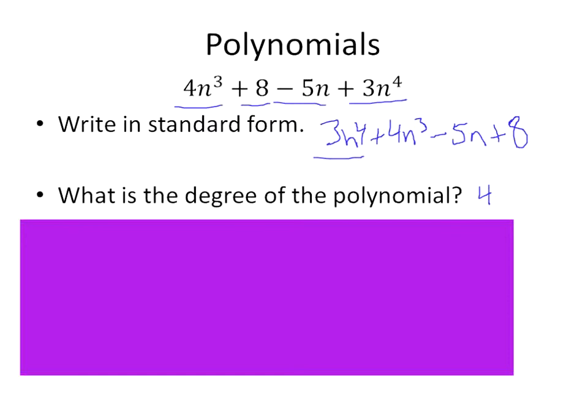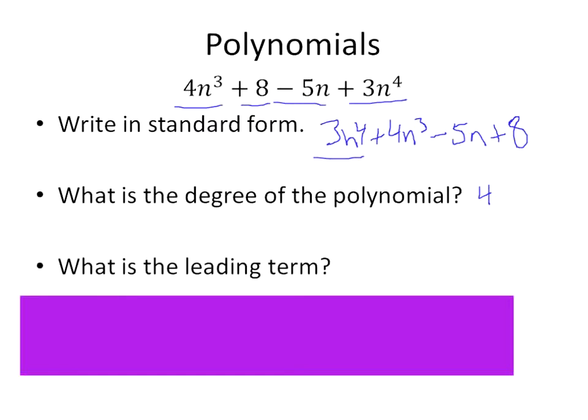Now it asks, what's the leading term? Well, first of all, in order to find the leading term, we have to put our polynomial in standard form, because we want to make sure that we have our term with the highest degree first. Our leading term is the term with the highest degree, and it's placed first in standard form.